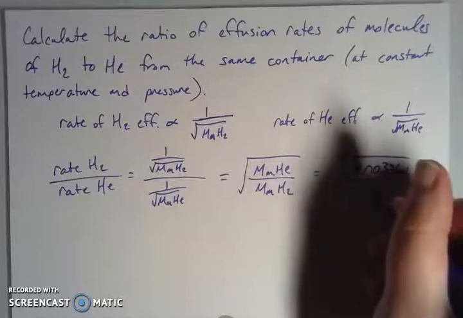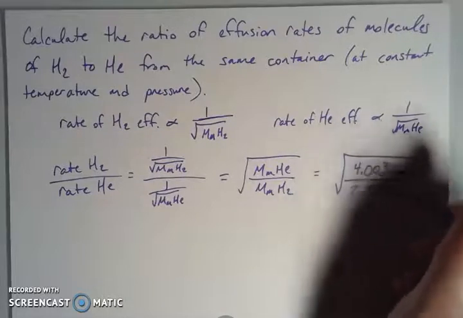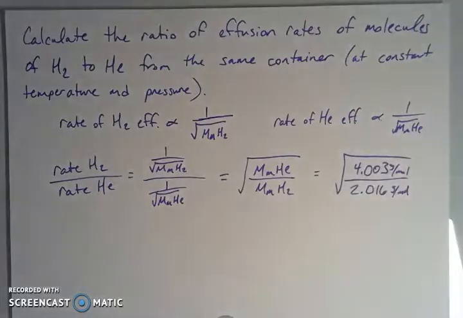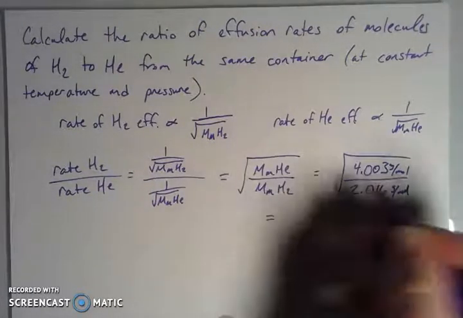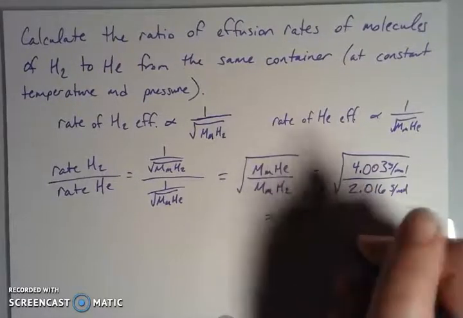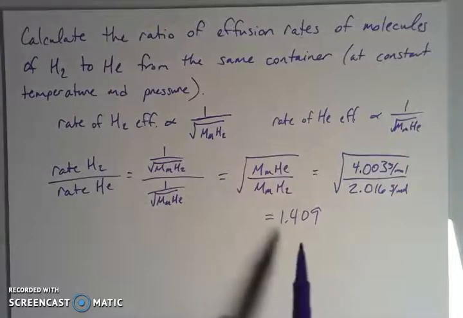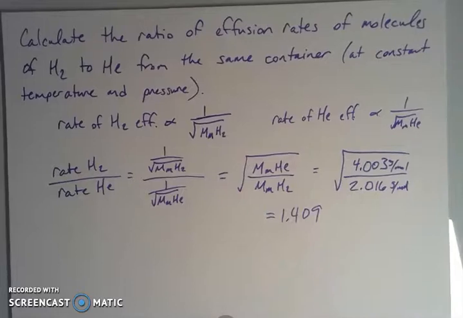And my hydrogen is 2 times 1.008. Okay, so when I plug that into my handy-dandy calculator, I get 1.409. And what does that mean? Well, what that means is that hydrogen effuses 1.409 times faster than my helium.